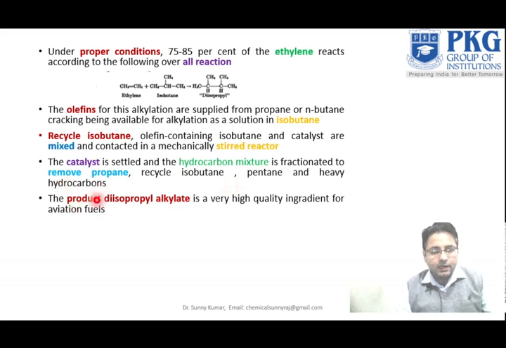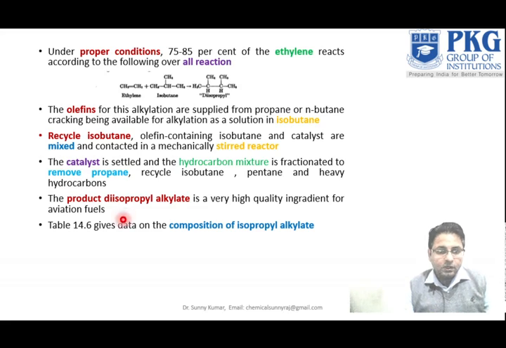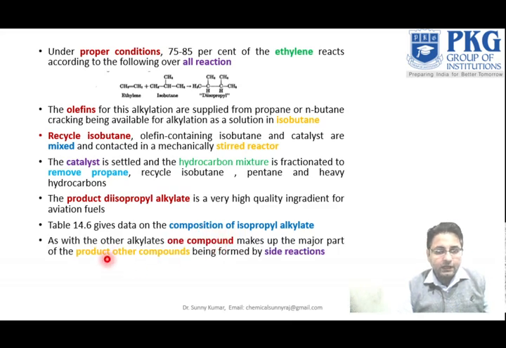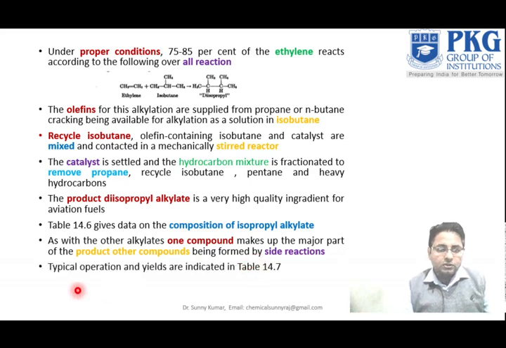The product diisopropyl alkane is a very high quality ingredient for aviation fuel. We have seen in 14.6 the data given for consumption of isopropyl alkylate. As with the other alkylates, one compound makes up the major part of the product, other compounds being formed by the side reactions. The operating conditions and yield are indicated in table 14.7.